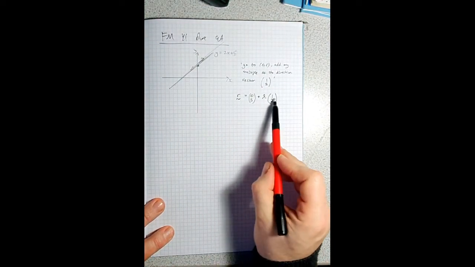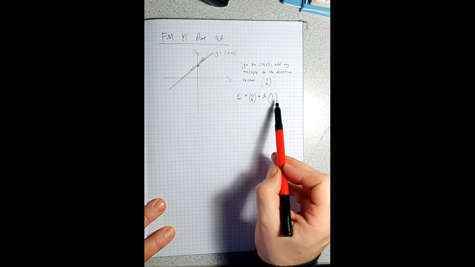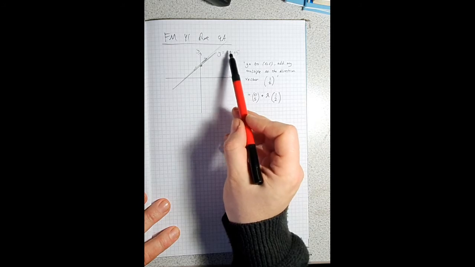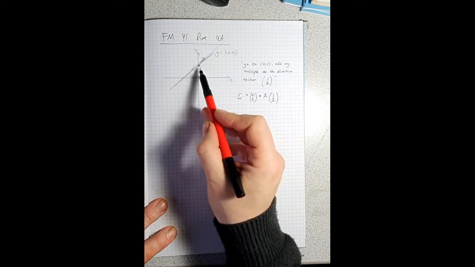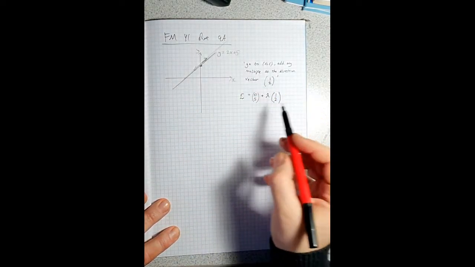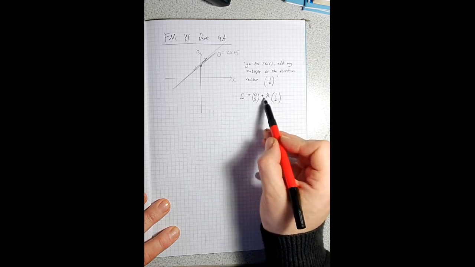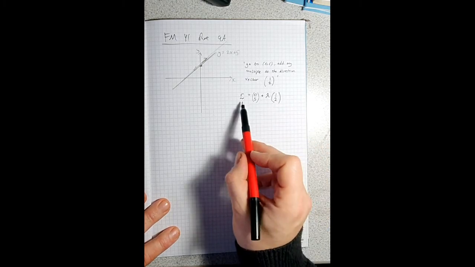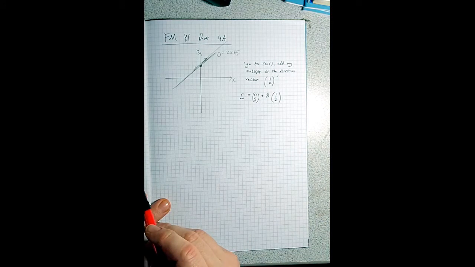This is the vector equation of the line. It's the same line, but instead of just describing it as the relationship between the x and y coordinates, I'm describing it as a position on the line and the direction of the line. I can get anywhere on the line by going to 0, 5 and adding on some multiple of 1, 2. So this is a vector equation of the line.